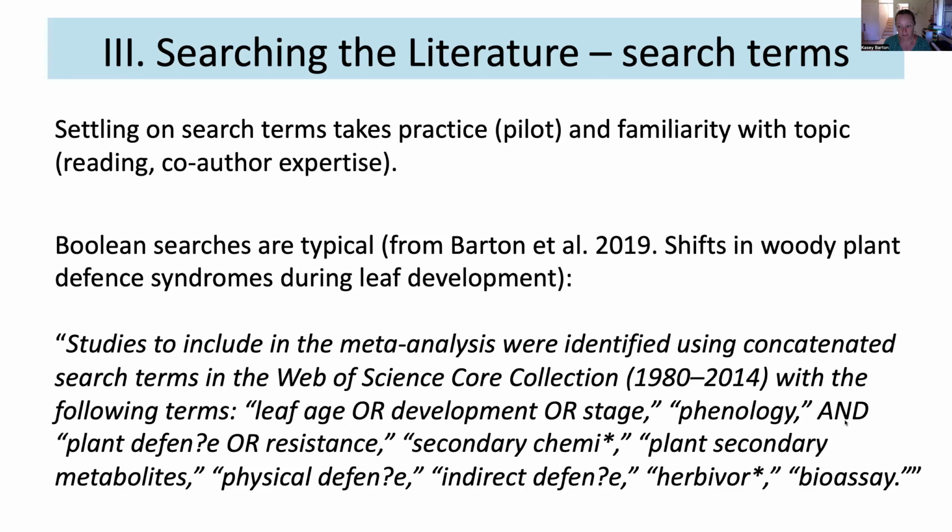And then it also had to include plant defense or resistance, secondary, all these terms relating to plant defenses. And you can see I used question marks because defense can be spelled with an S or C, and I want to capture both of those. Chemistry has an asterisk after the I because it could be chemical, chemicals, chemistry, chemotype. Same for herbivore, herbivores, herbivory.